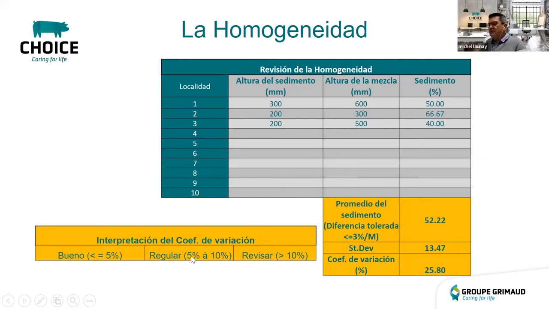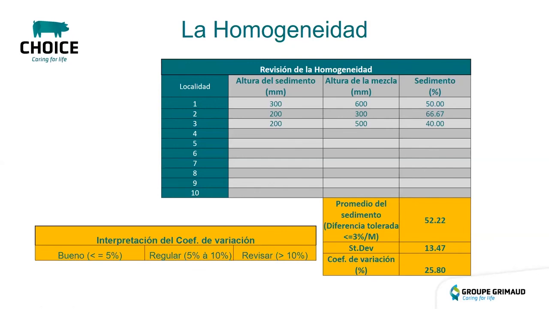If you have a problem with heterogeneity in the distribution, that means the coefficient of variation is higher than 10%, you have to ask your supplier to recheck the device. That could be a very big problem in the growth of fattening pigs, for example, and it's absolutely important to solve this problem.